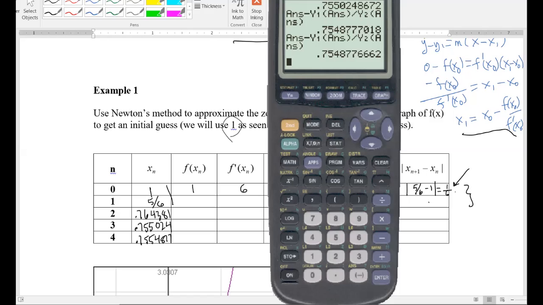So the difference between these would be less than, well, tens, hundreds, thousands, 10,000s, 100,000s, almost to the millionth decimal place. These two numbers agree, the current estimate versus the previous estimate. So at that point, you might say, well, that's probably close enough, or you can keep going. Let's do it one more time.